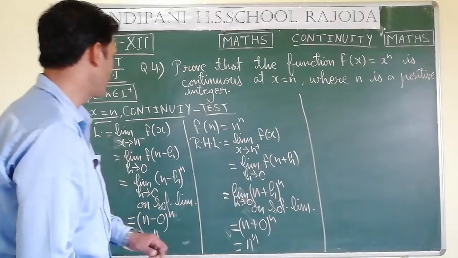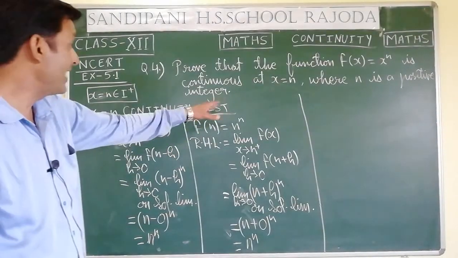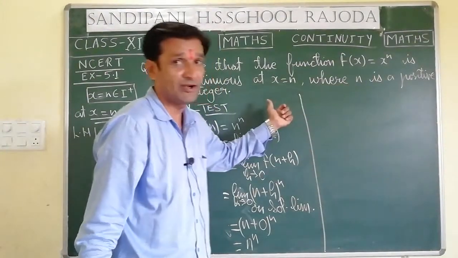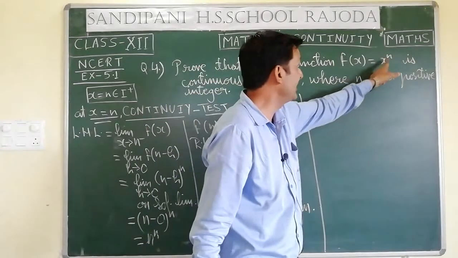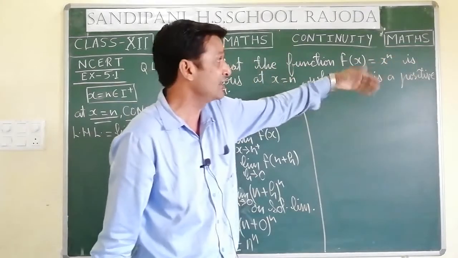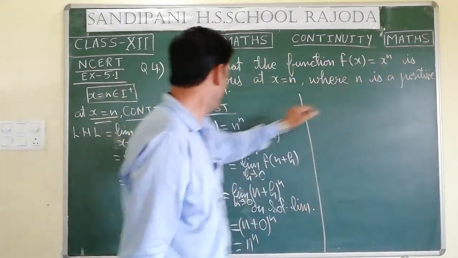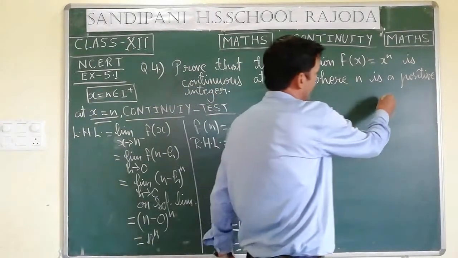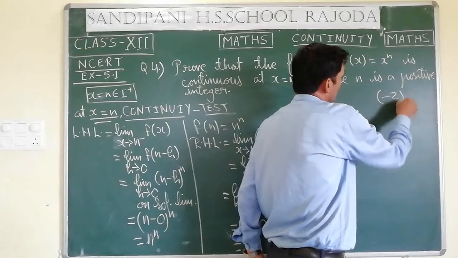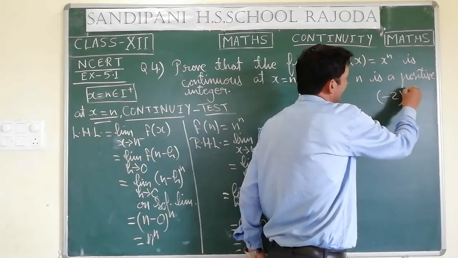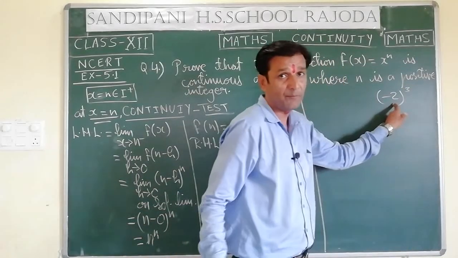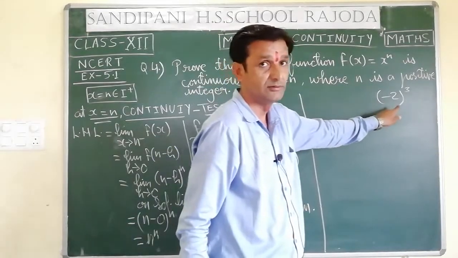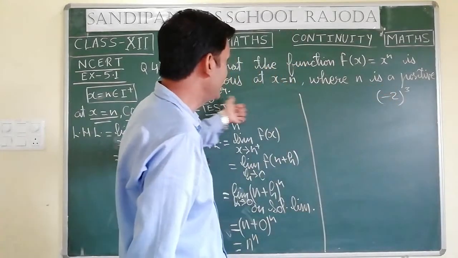One more thing I want to tell: why is it assigned that n is a positive integer? Because for a negative integer it depends on whether n is odd. When n is odd and a negative integer is there, suppose I am taking minus 2 raised to the power 3, that result will be negative 8. That's why they have assigned it positive integer.